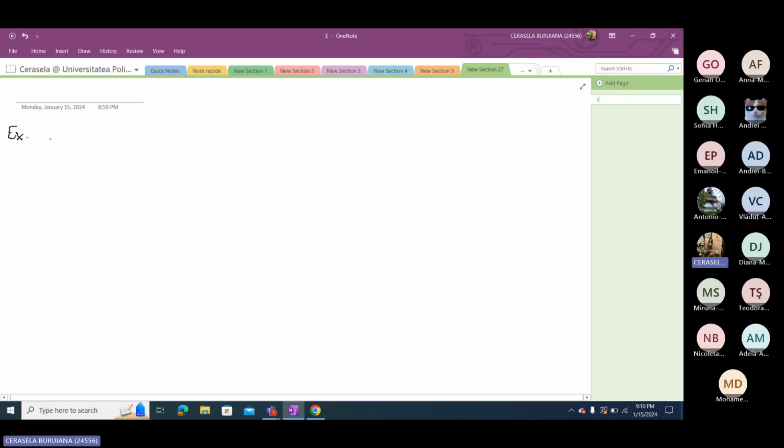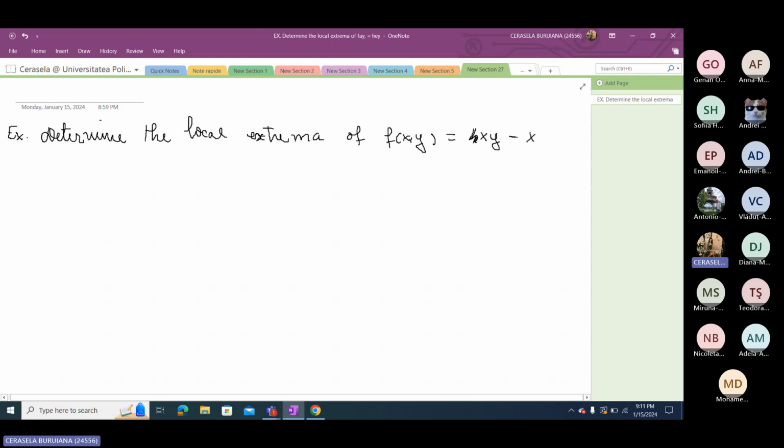So the request of the first exercise is to determine the local extrema of the following function f of x and y, where f of x and y is 4 times x times y minus x power 4 minus y power 4.